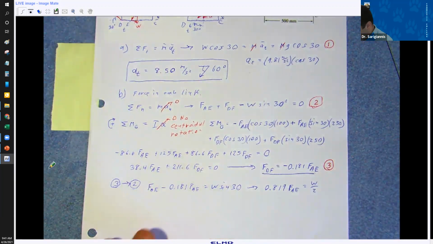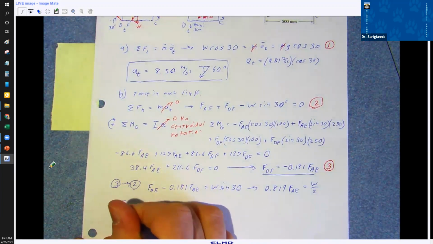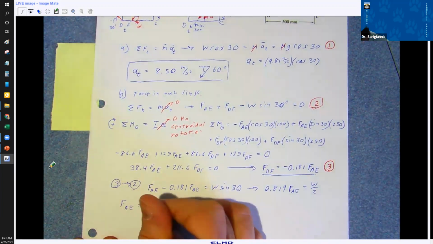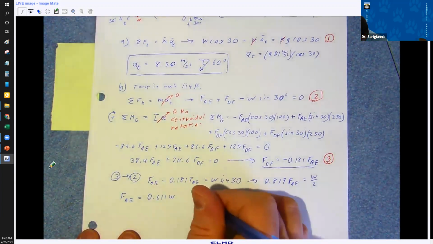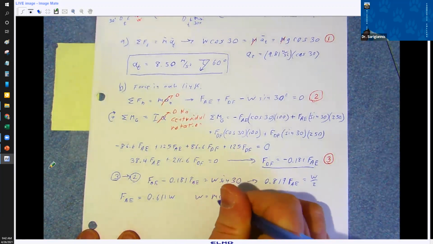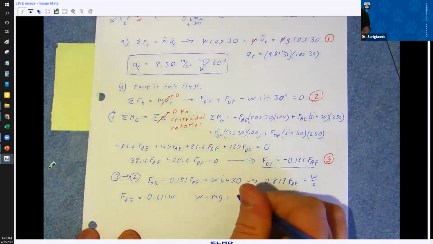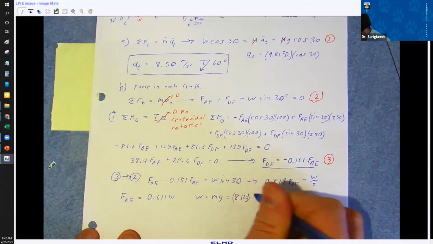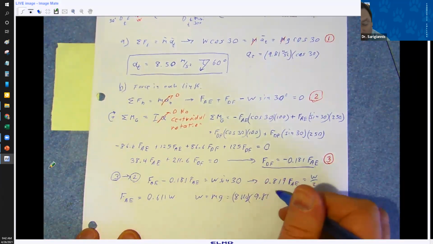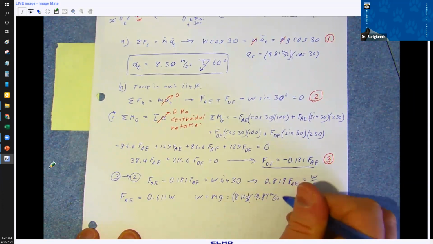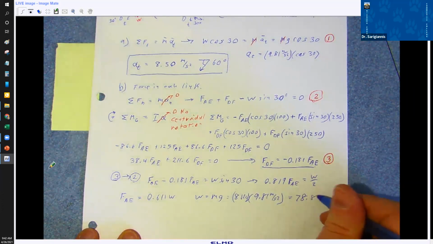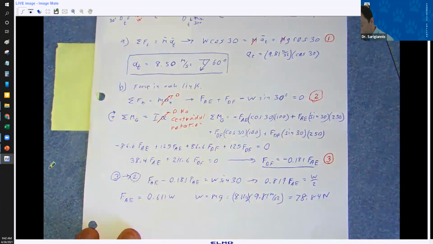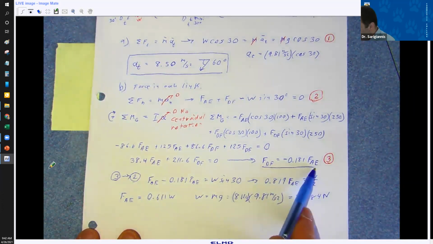You can continue this on and find that FAE is 0.611 W. Remember, W is mass times gravity, which is 8 kilograms times 9.81 meters per second squared. This gives us 78.84 newtons. All right, so this is FAE, and notice FDF is negative of FAE.